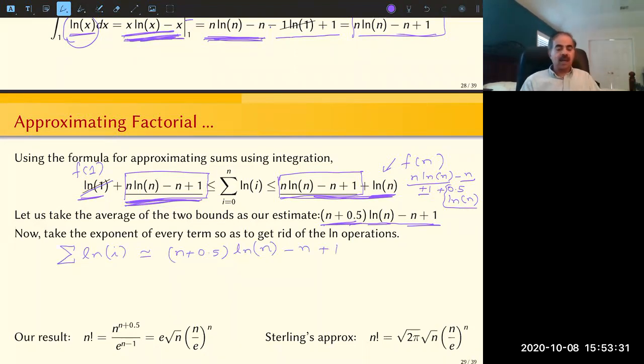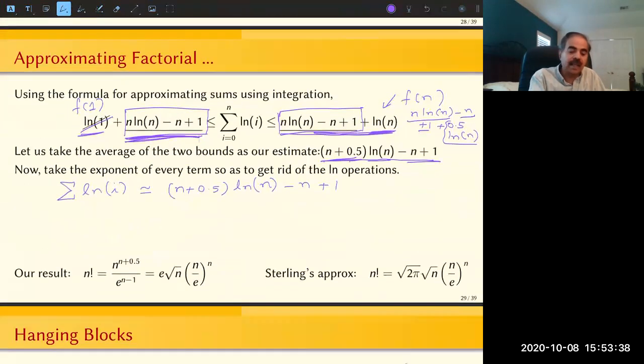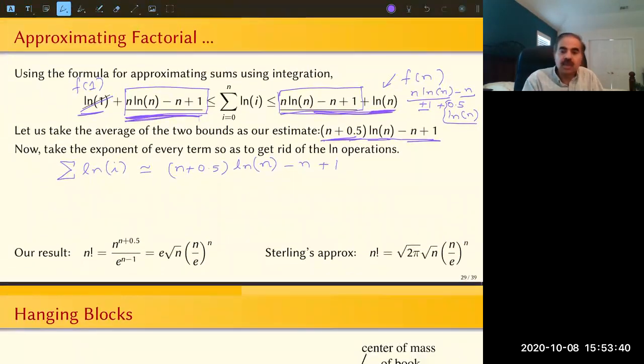Now we can reverse the process of taking logarithms, so we can raise everything to the power of e.